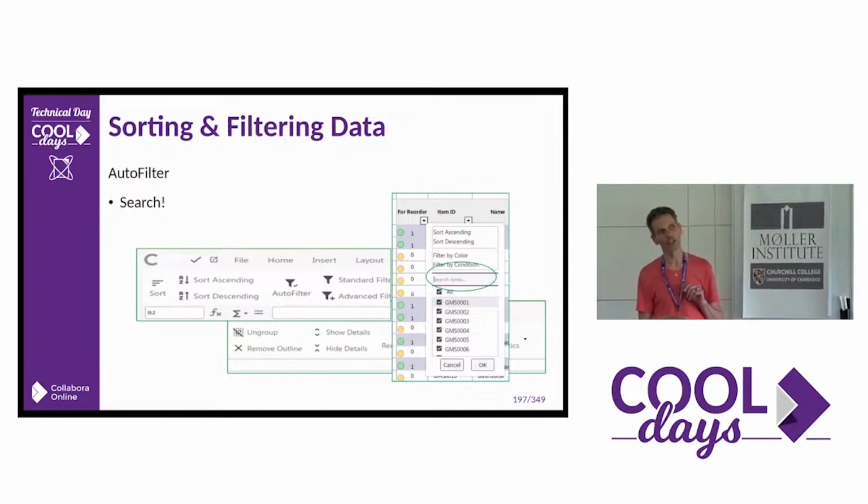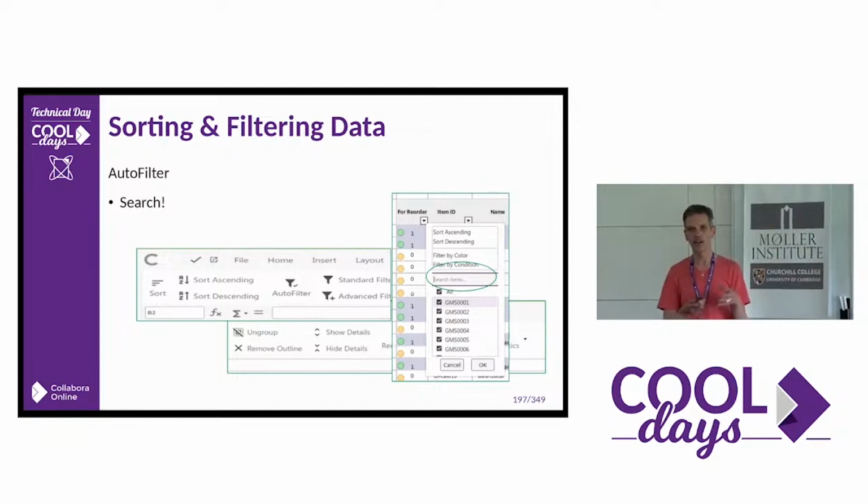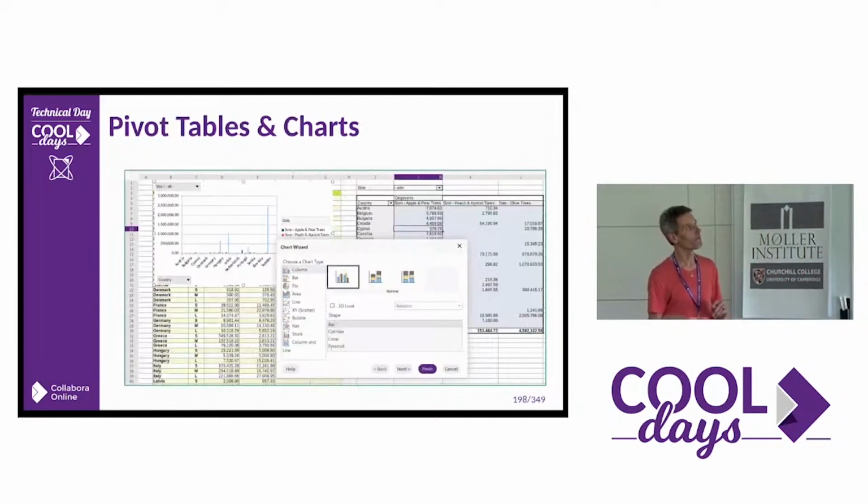Filtering, sorting of data. I think people know those, and it's really fast if you use the search fields in the drop down, because it's so easy, and it really brings you to certain items, multiple or a single item, whatever you're looking for, and you can easily select that.